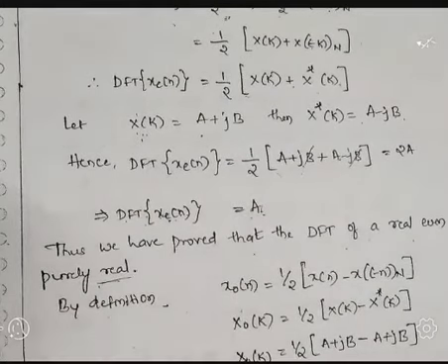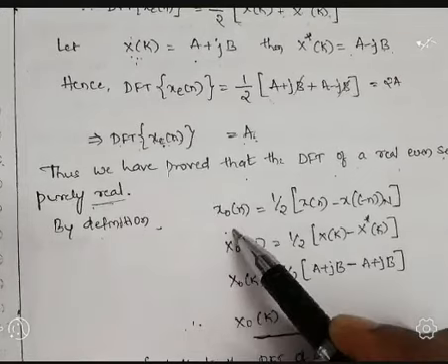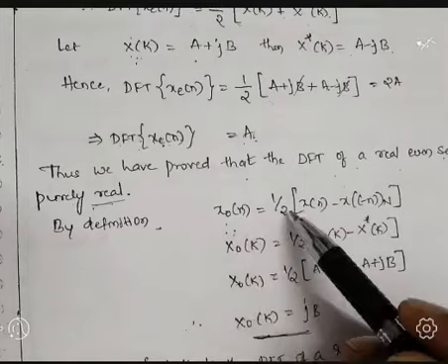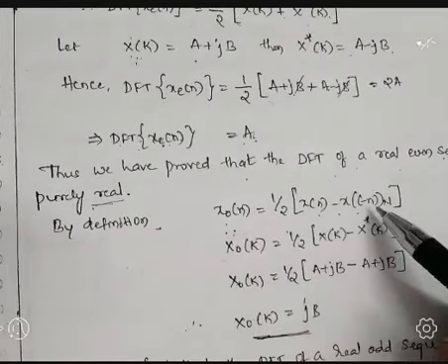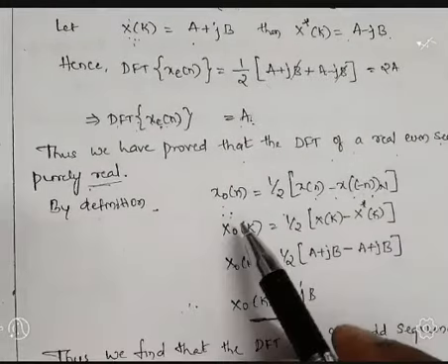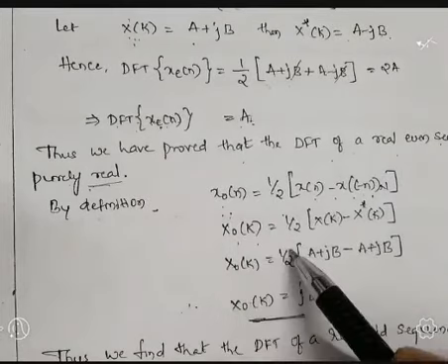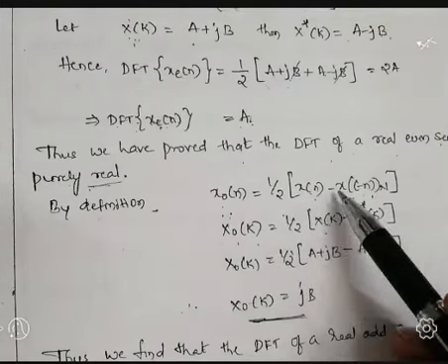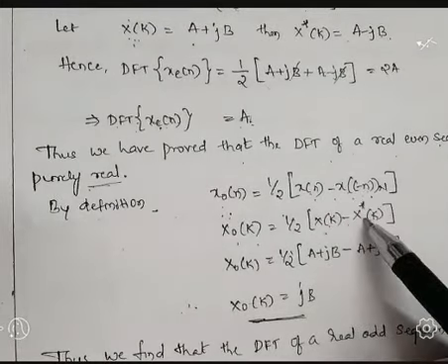Second part I will take. The odd component of the given sequence is calculated as x o of n equal to 1 by 2 times x of n minus x of minus n. The DFT of x o of n is represented as X o of k equal to 1 by 2 times X of k minus, as it is, the DFT of x of minus n, which is the complex conjugate of X of k.